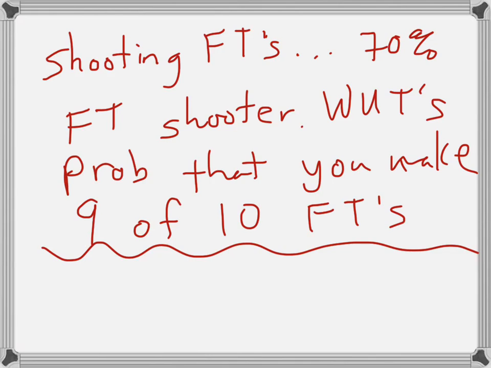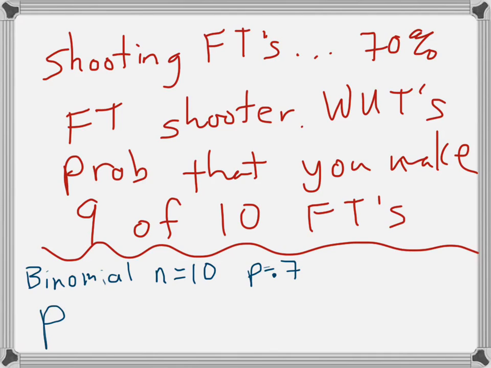All right, assuming you've paused your video, first thing you need to do is say this is binomial. If you haven't done this, then shame on you, but good thing that you're learning. So binomial with n is 10, not 9. 9 is the number of successes we want, not the number of trials. And the probability of success is 0.7.